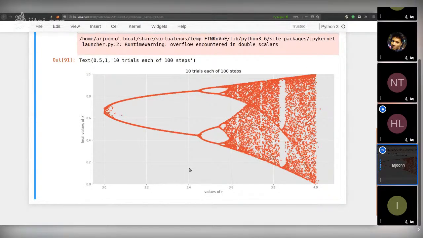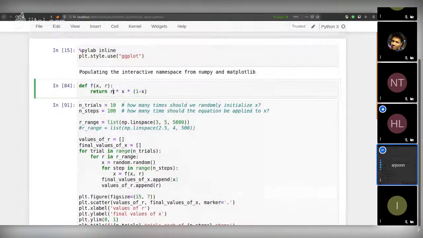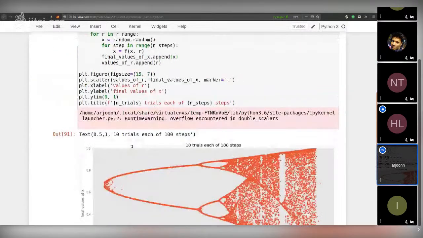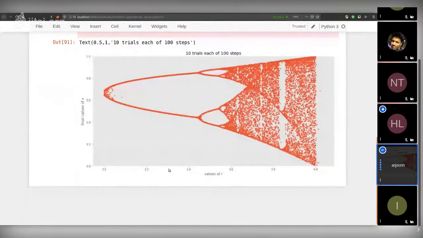So this is what chaos started with. If you have a function, repeated applications of that function will lead to a map, and the final values of the map are extremely sensitive to where you started from, the initial value.